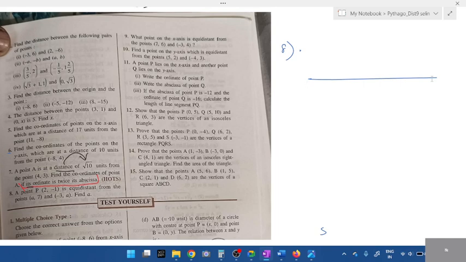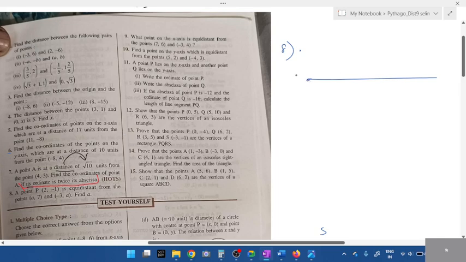But even for this, it's a two separate questions. Now, up to seventh, we just used distance formula once. From eighth question onwards, you have to use two.